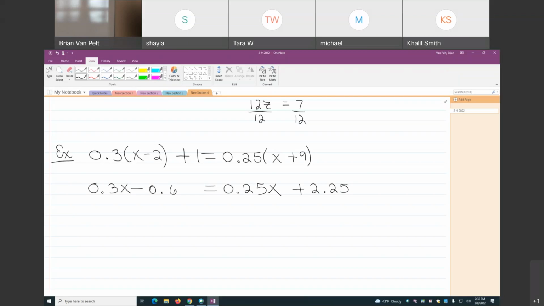Now it's just like all the other problems. What do you want to do? Do you want the x to go on the left or the right? So you're going to subtract 0.3x. If you made a mistake, I am almost certain it was a misstep, because I bet you did not change that 3 to a 3.0, did you?